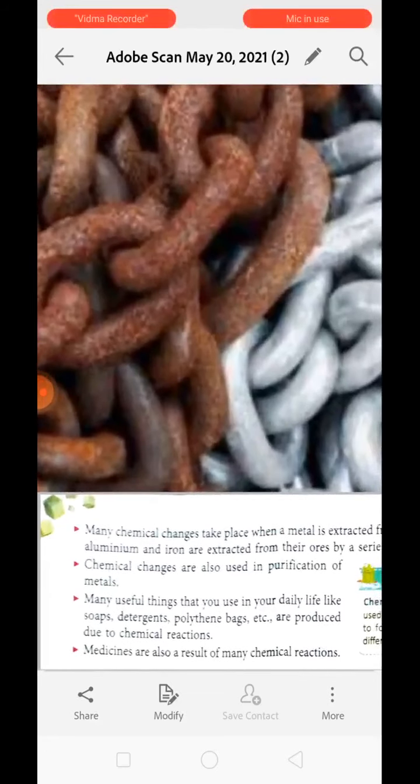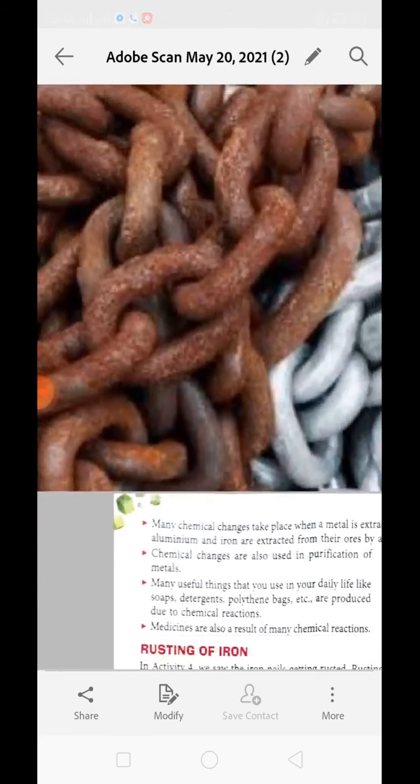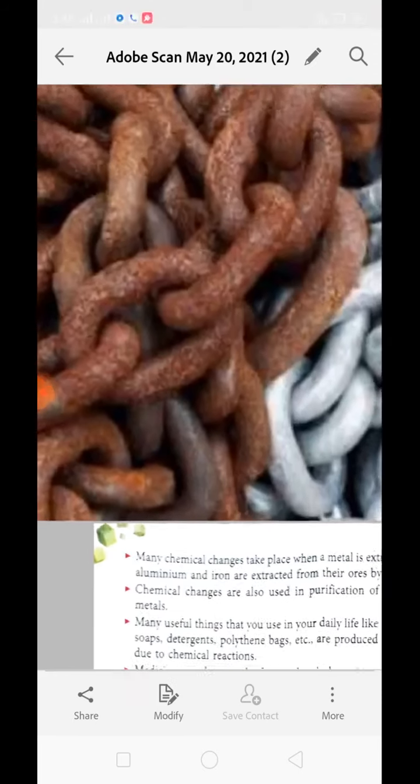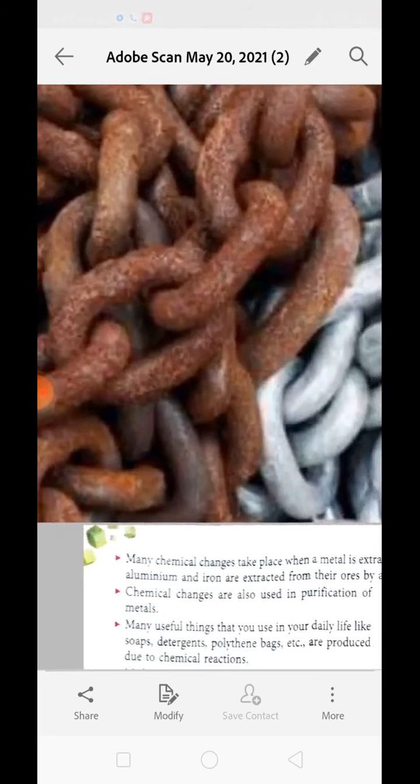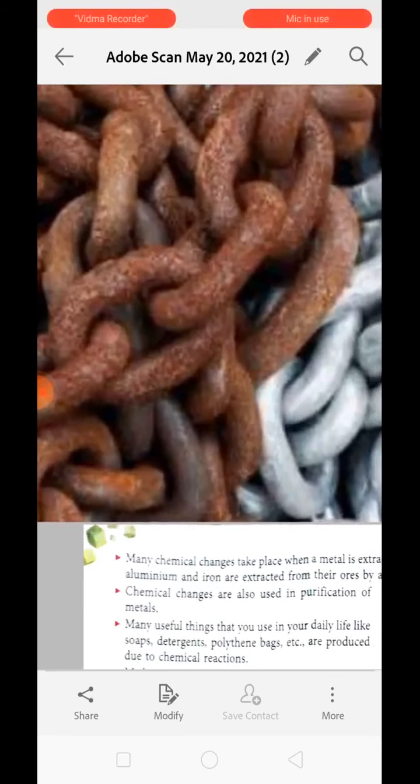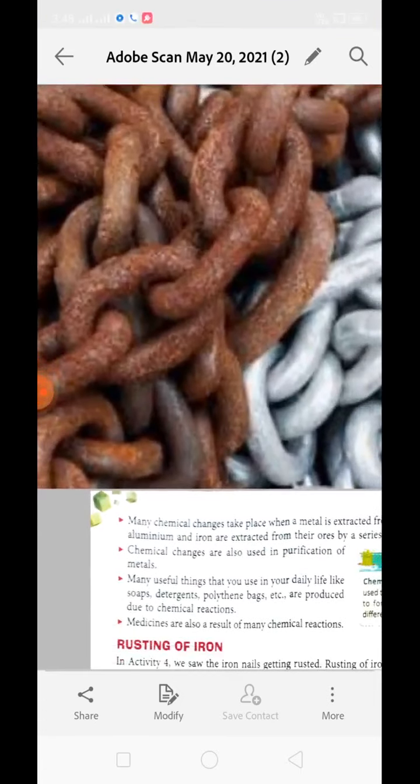Rust is a reddish brown substance that appears on the surface of iron articles when they are left exposed to moist air and oxygen together for a long period of time. Whenever iron is exposed to moisture along with oxygen, iron reacts to form this reddish brown substance, which is weaker in nature.